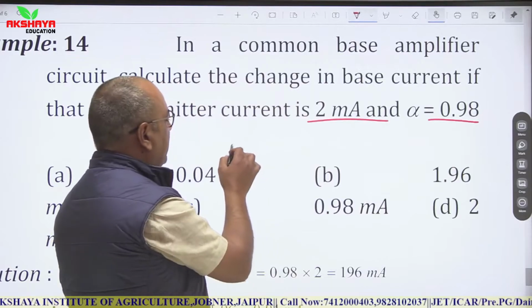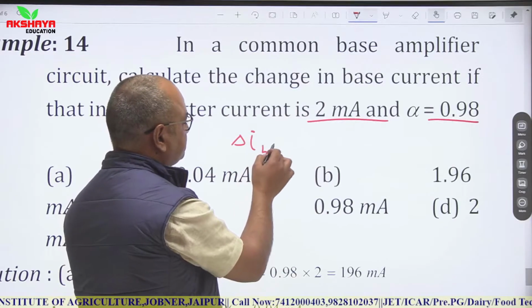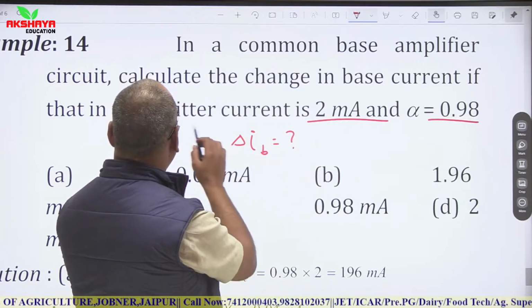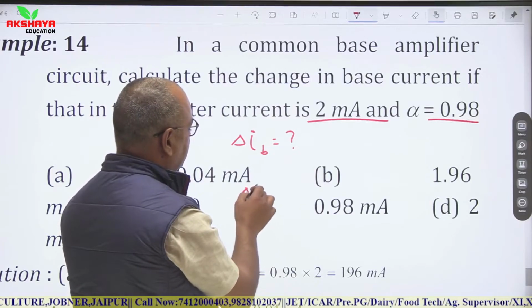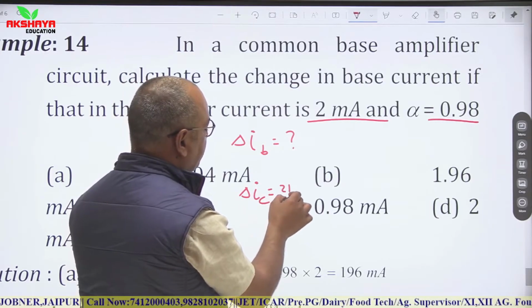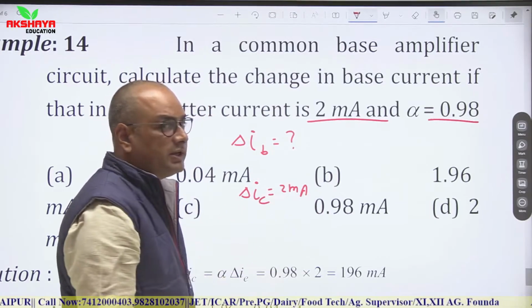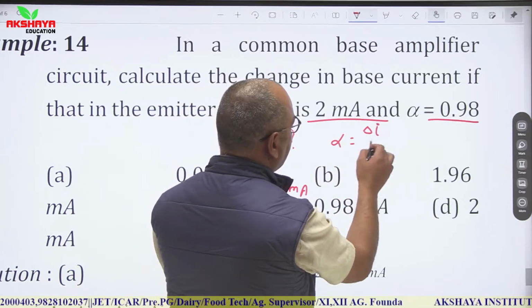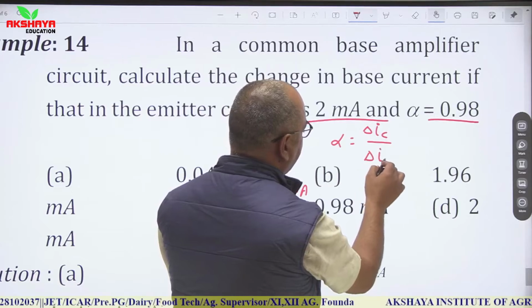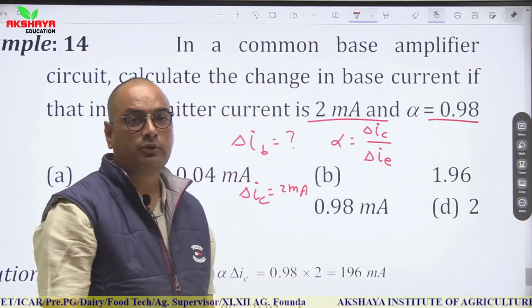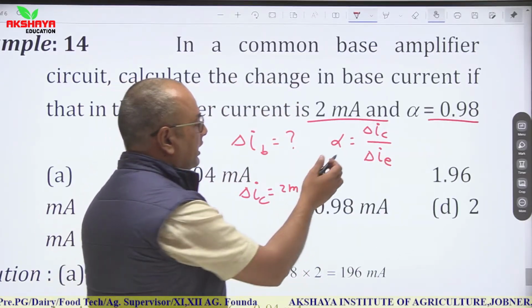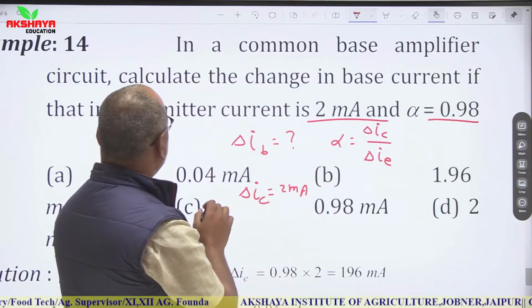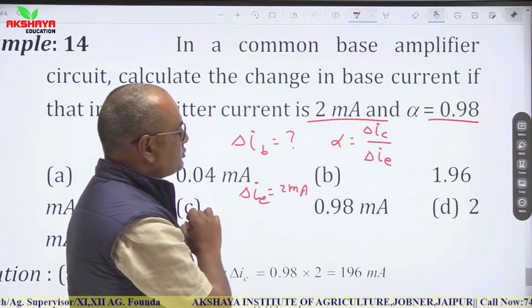So we have to find del IB, and we are given alpha and del IE. Del IE is given as 2 milliampere. So our relation is alpha is equal to del IC upon del IE.